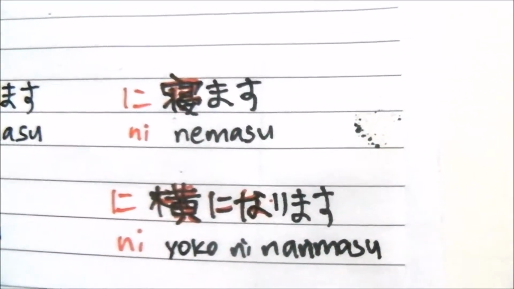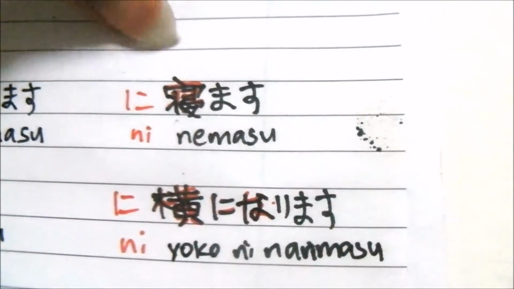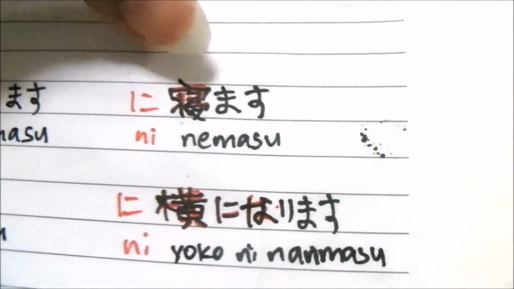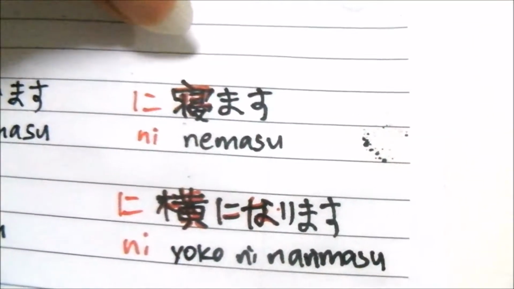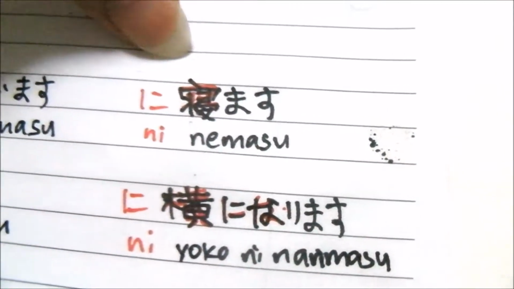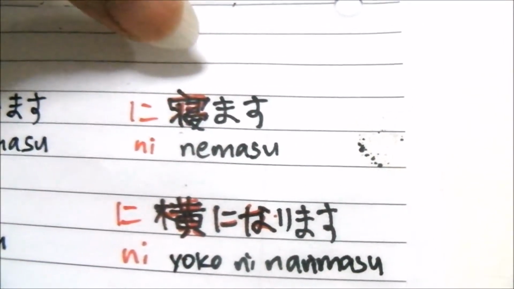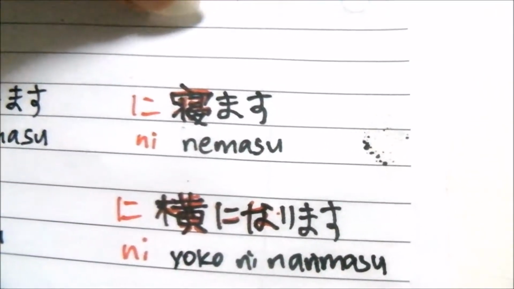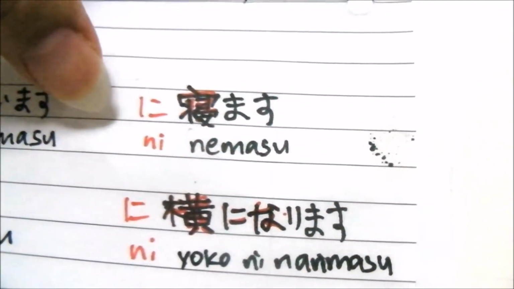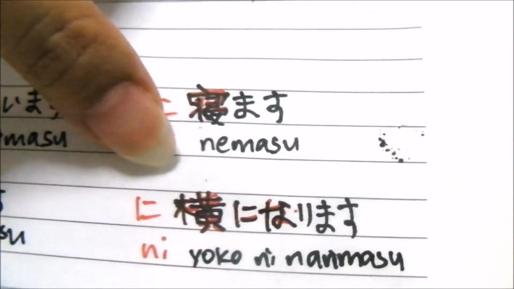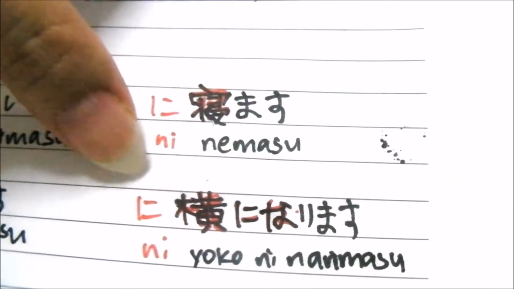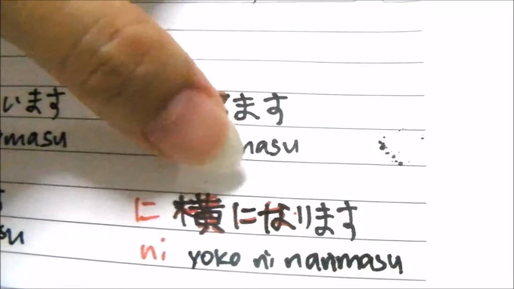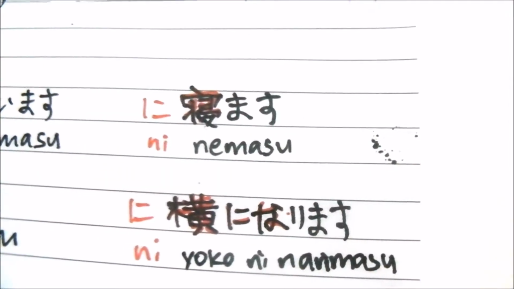Over here nemasu means sleep, right? But over here it doesn't really mean sleep. It means you just lie down. Maybe you are resting. For example, you want to rest on the sofa. Sofa ni nemasu. You're not really sleeping, but you're just resting. Another one is yoko ni narimasu. Yoko means horizontal.